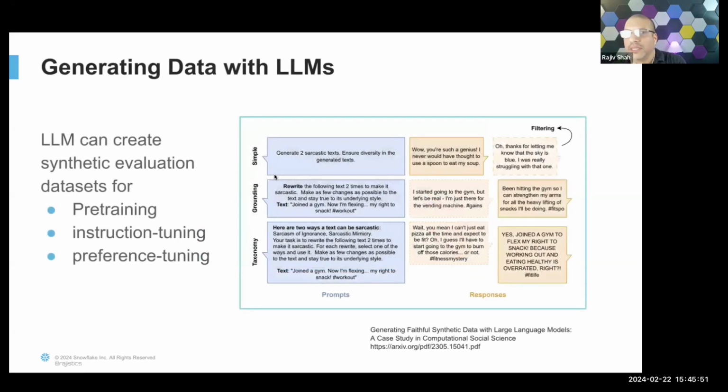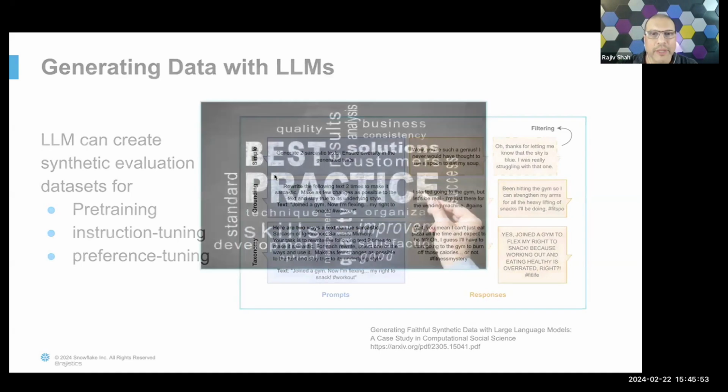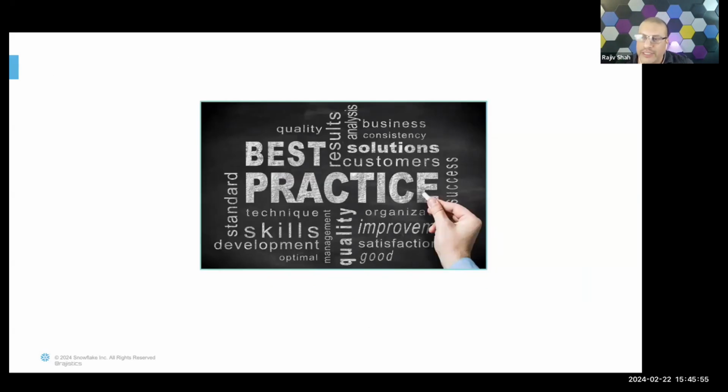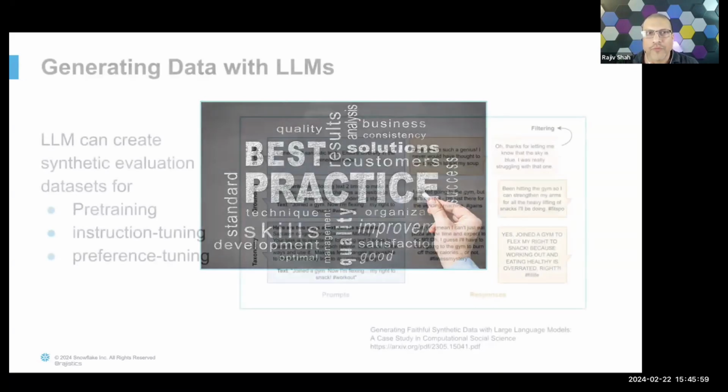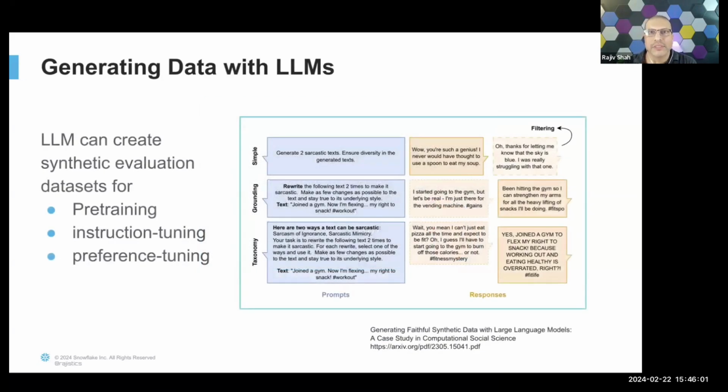So let's talk about some of the things that are really changing in data science that I think it's important to be aware of. The first is how we can use large language models to generate data. This area of synthetic data has really grown with large language models.